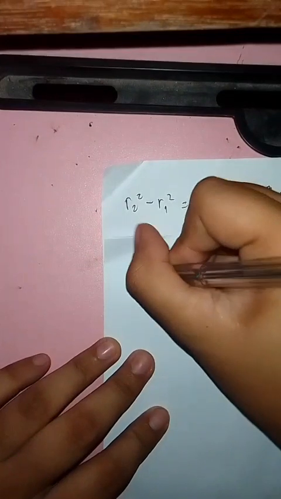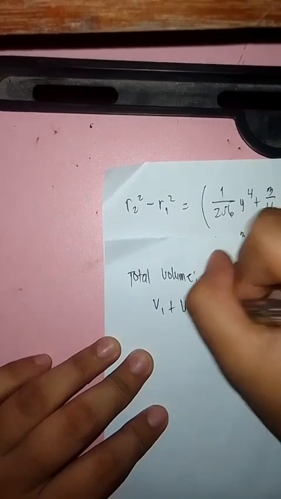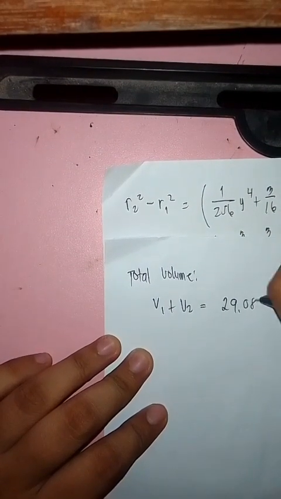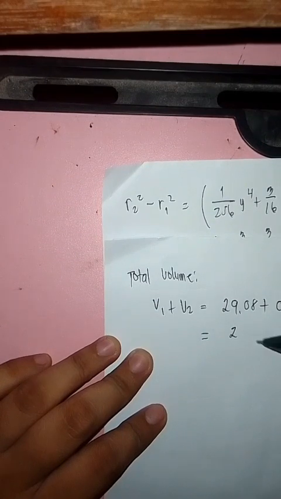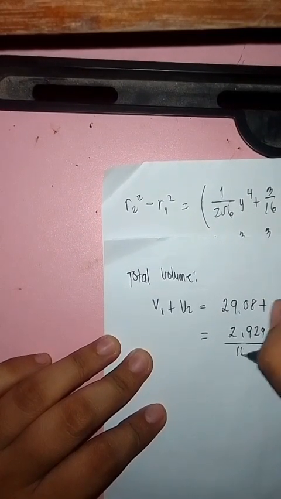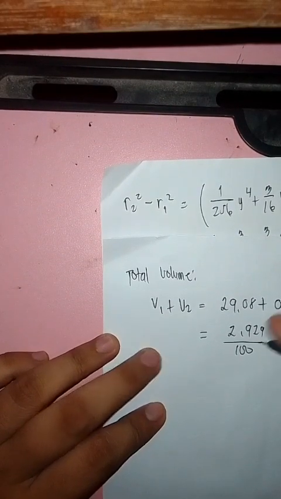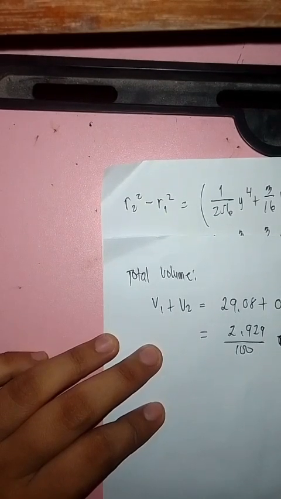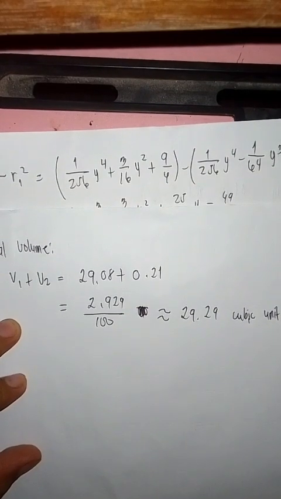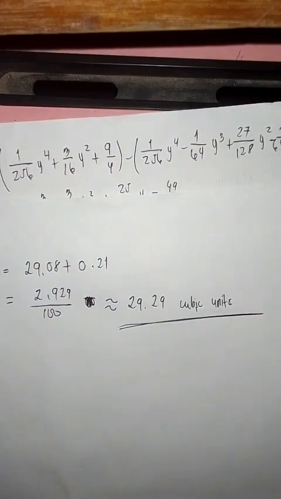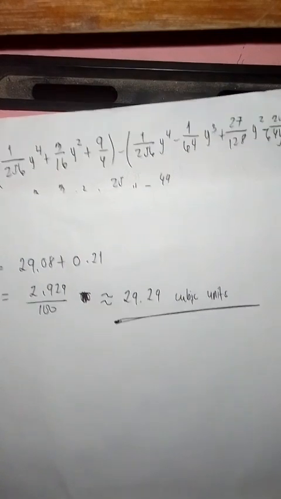So the total volume is equal to volume 1 plus volume 2, which is equal to 29.08 plus 0.21, which is equal to 2,929 over 100 pi, or approximately 29.29 cubic units. So this is now the volume.